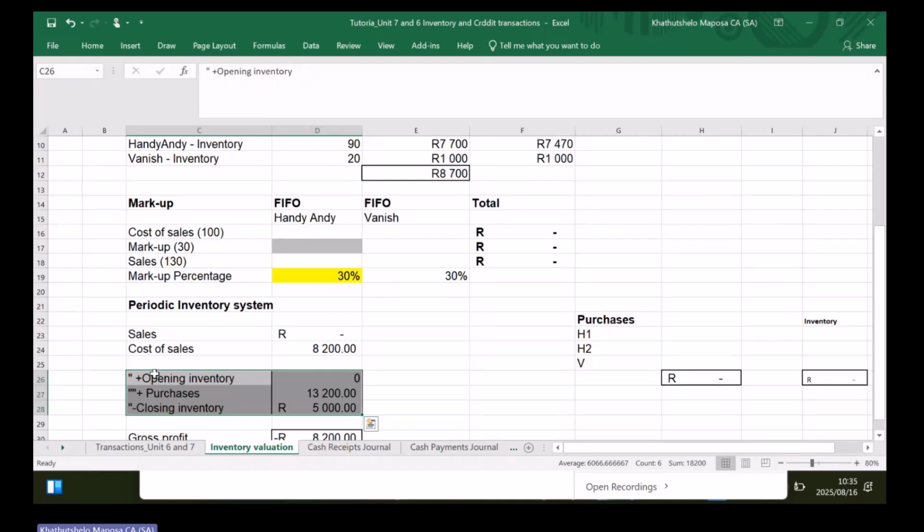We're still going to have a look at it even today later on per transaction. But this is the periodic inventory system. We're going to give you the value of the closing inventory, and you have just calculated the purchases for us, and the opening inventory we will give you as well, or we might require you to do a mini calculation on the periodic inventory system.